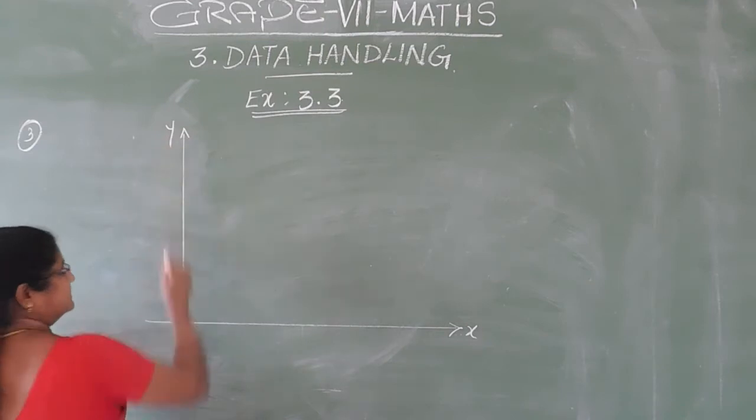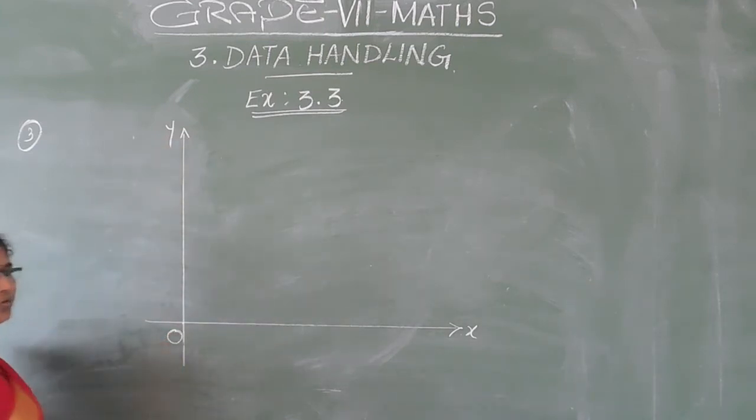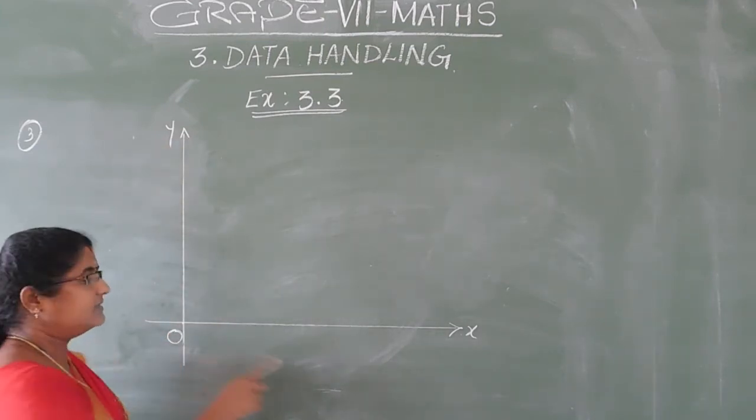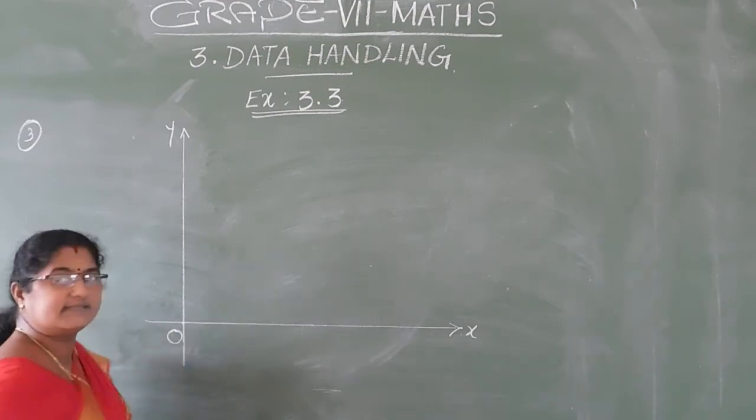The x-axis and y-axis intersect at O. You should write everything. Don't miss x, y and this 0.